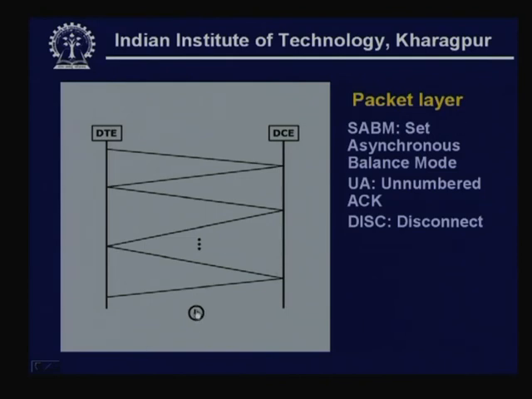As you can see, a set asynchronous balanced mode packet is sent and an unnumbered acknowledgement comes from the other end for setting up the link, and then the data transfer can take place. An information frame can go, and an acknowledgement, an unnumbered acknowledgement, comes, and not only one but several such data frames can be transferred before the link is disconnected by sending a disconnect frame, and an acknowledgement comes in the form of an unnumbered acknowledgement from the other side.